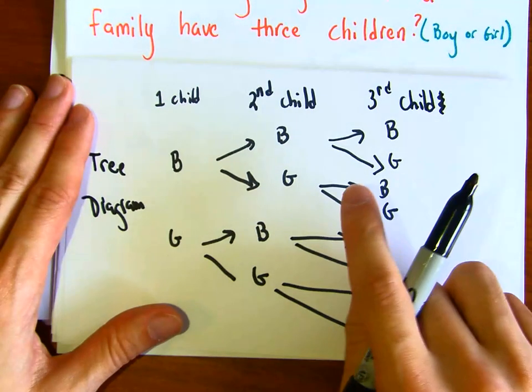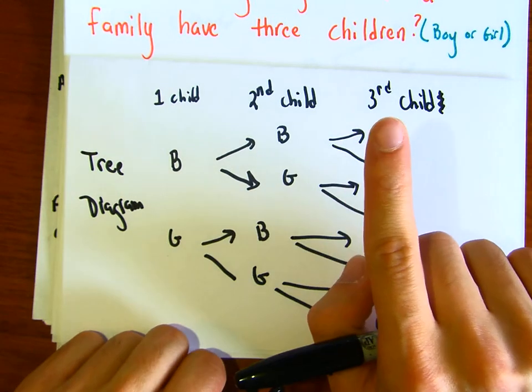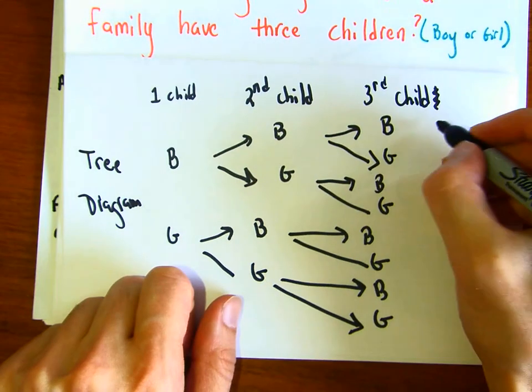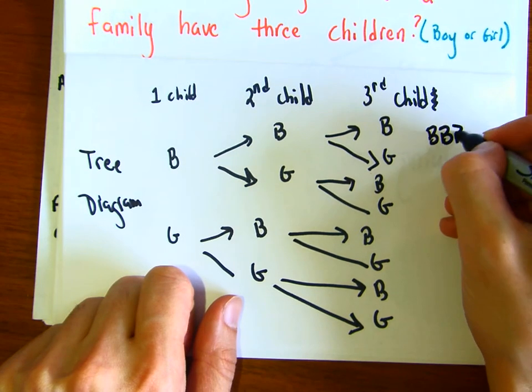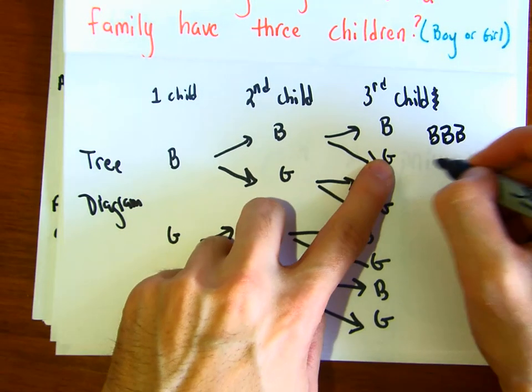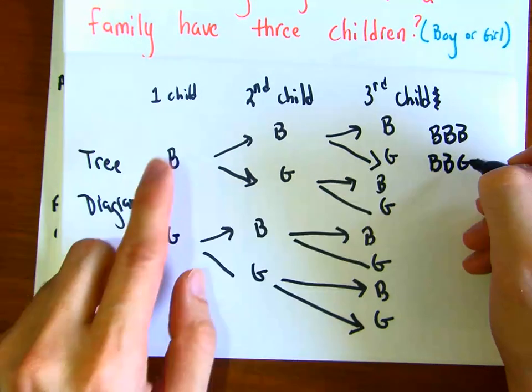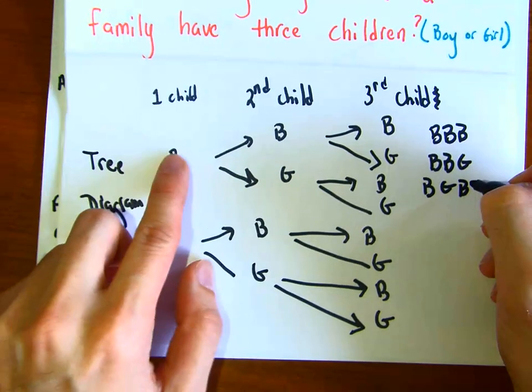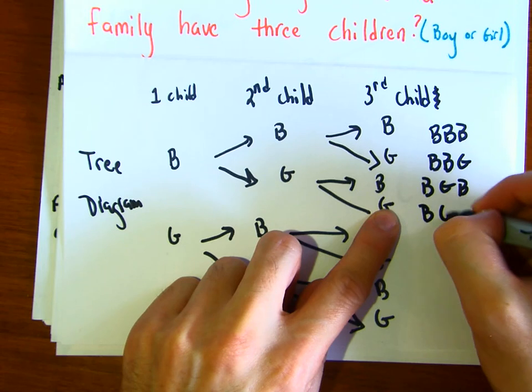So notice, what is one possible way you could have 3 children? You could have a boy, boy, boy. So that's one way. Or I could have boy, boy, girl. Or I could have boy, girl, boy. Or boy, girl, girl.